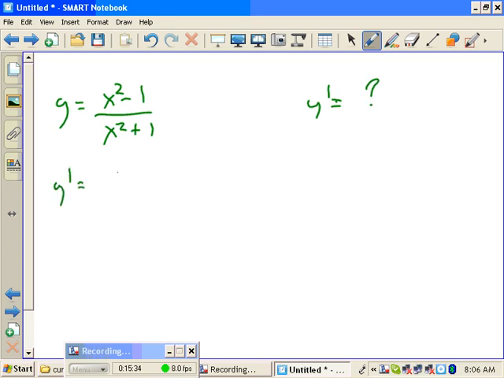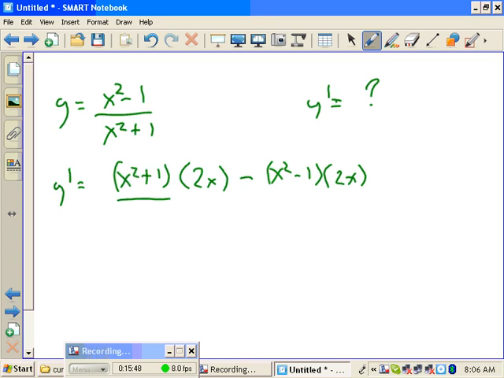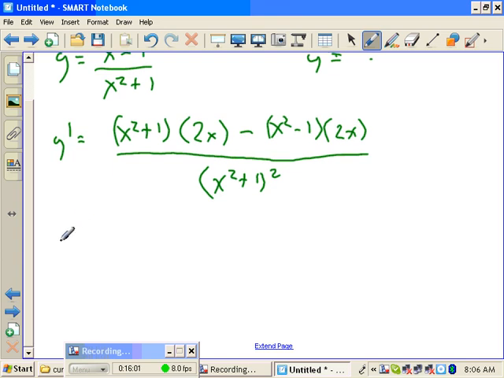Alright, so low d high is 2x, followed by high d low is 2x over low, which means that thing squared, that's all. Now that, again, is usable in a problem where you need a derivative. You're done, right? But let's clean it up a little bit. 2x to the third plus 2x, quantity minus what?